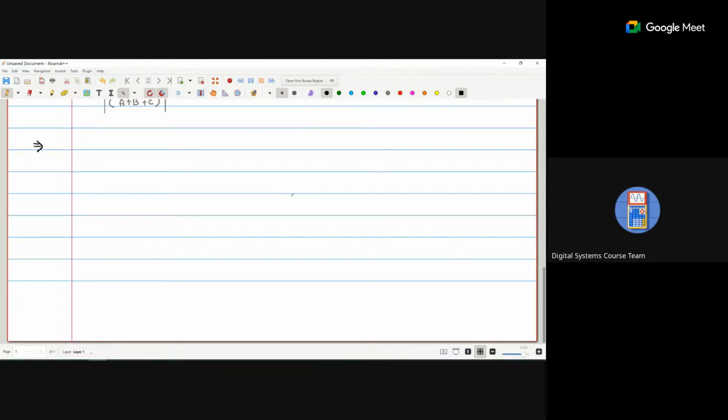Now, there is one particular don't care condition. If you are playing cards, or if you are aware of playing cards, there is one particular card, the Joker. You can use the Joker anywhere you require.